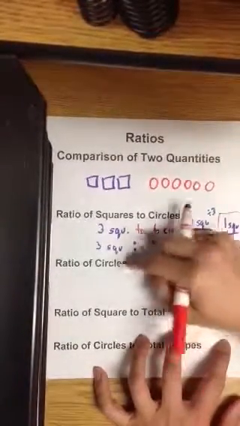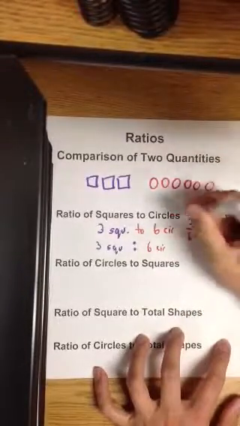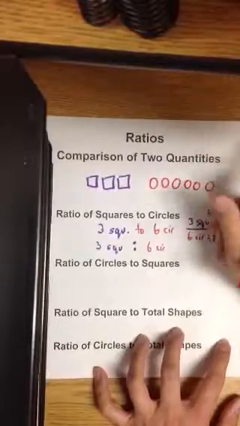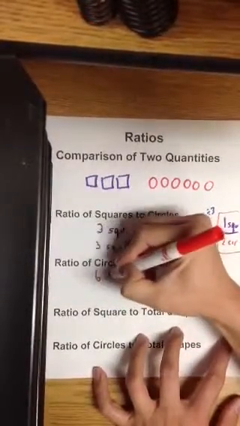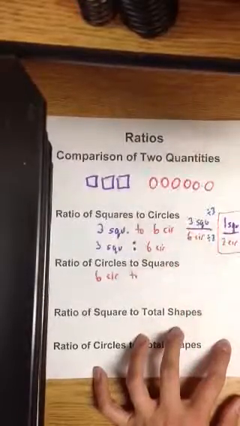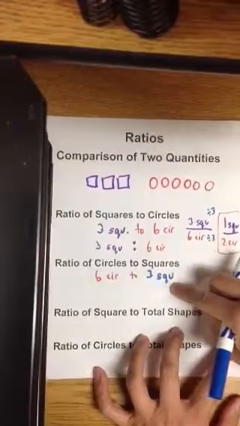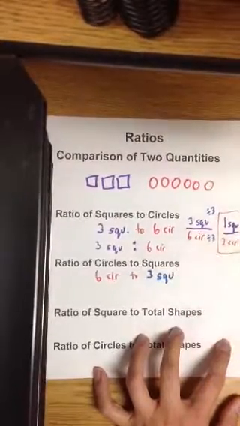So our next example is circles to squares. Order does matter when you do ratio. So let's see, how many circles do you see? I see 6 circles. To how many squares do you see? I see 3 squares. So that is a ratio. But let's write it as a fraction.